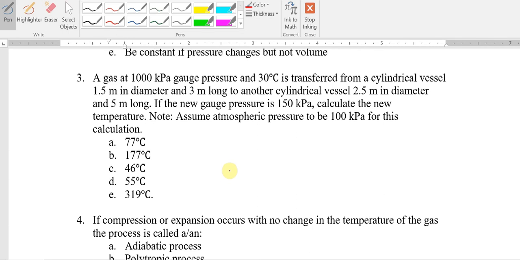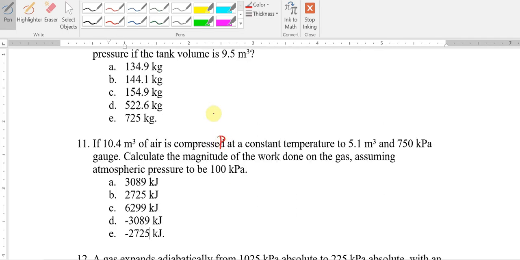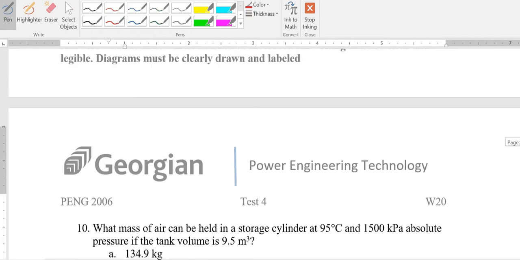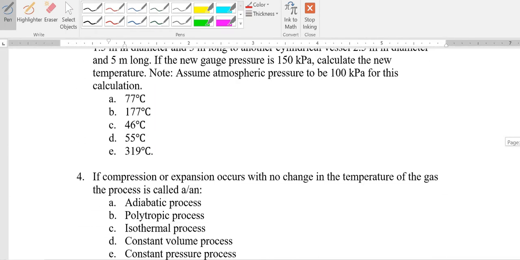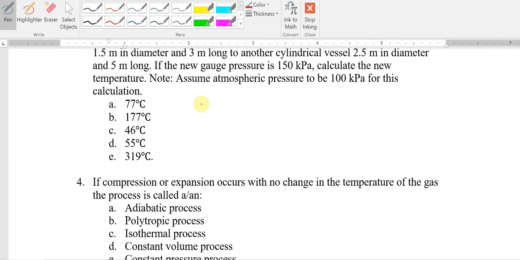Well, this one's going to require P1 V1 T2 equals P2 V2 T1, and in this case, we're trying to find T.